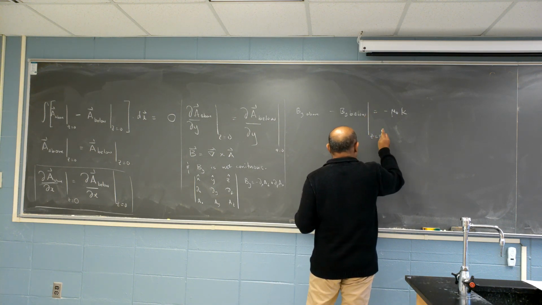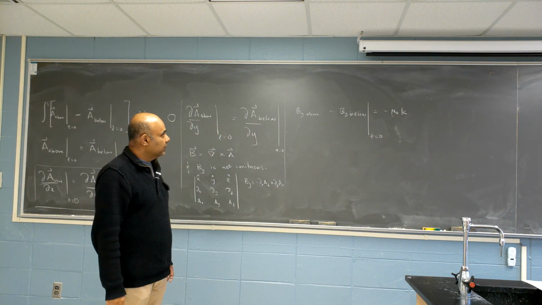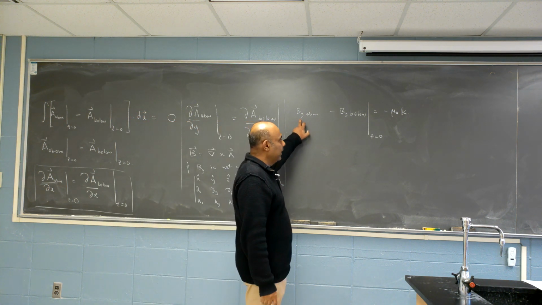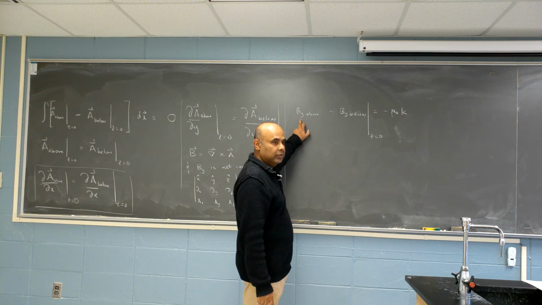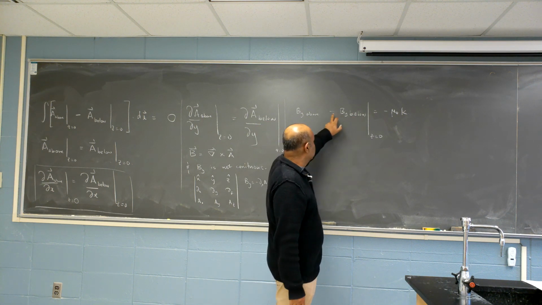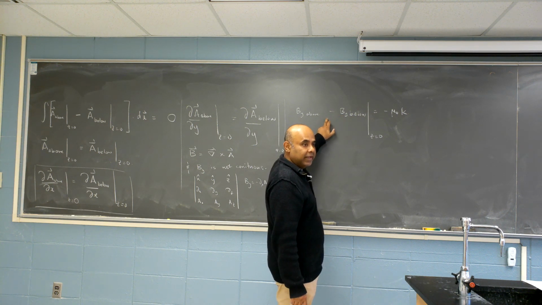In fact, everything is at z equals 0. Yeah, because this is minus mu 0 k over 2. This is plus mu 0 k over 2, but with a minus sign. Minus and minus is minus, and the 2's vanish.